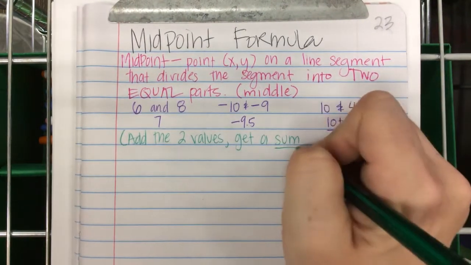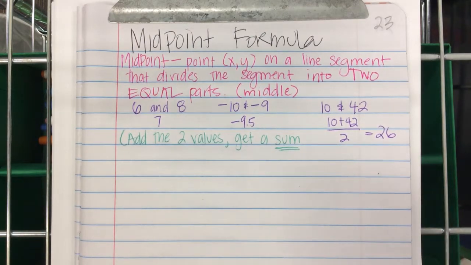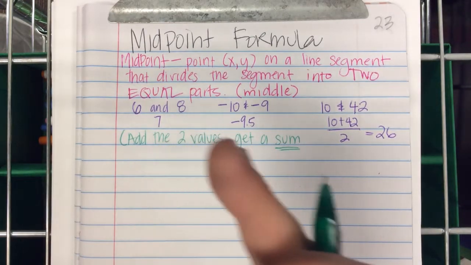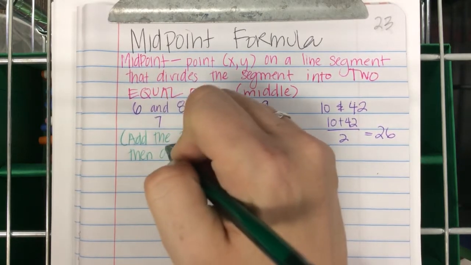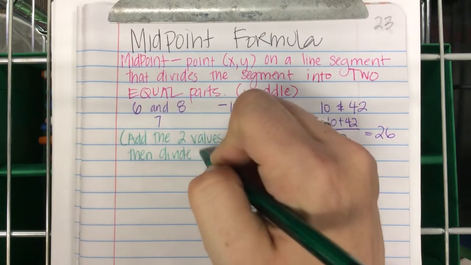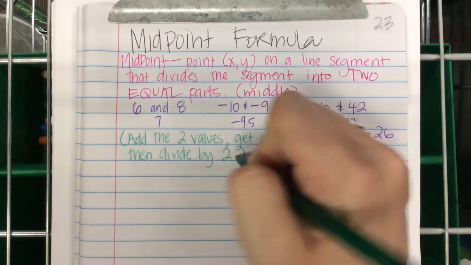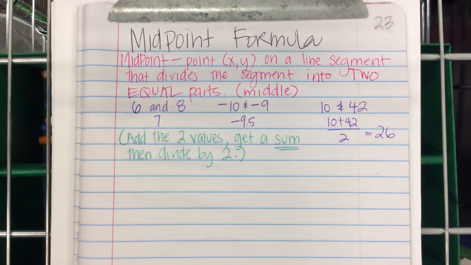Sum is important because it's the answer to your addition problem. You have to do the addition part first and get an answer, then divide by 2, because there are two values. If you know that's what it means, you're good to go.